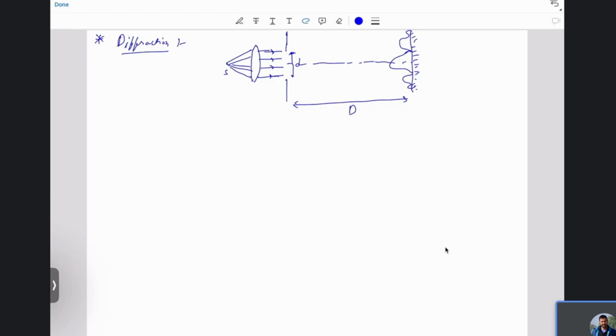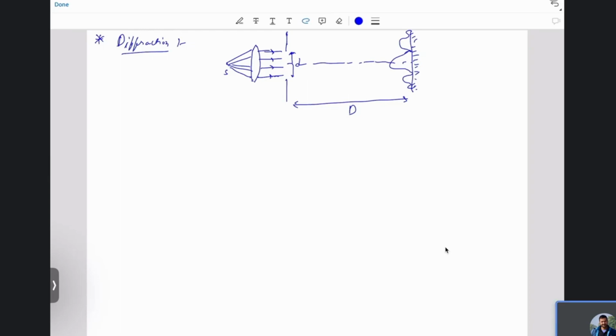Is it interference or is it diffraction? Yeah, but what is the phenomenon? Yeah, so normally we call it diffraction gratings, right? So these things are there.